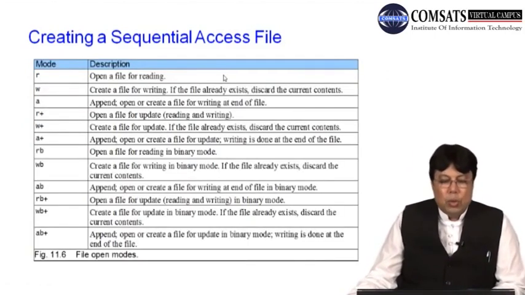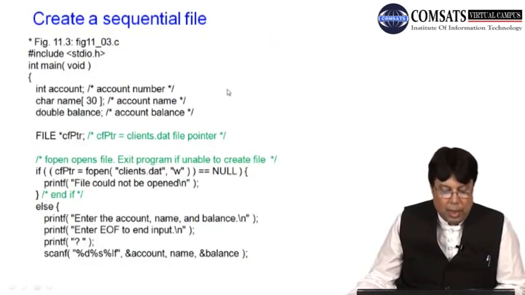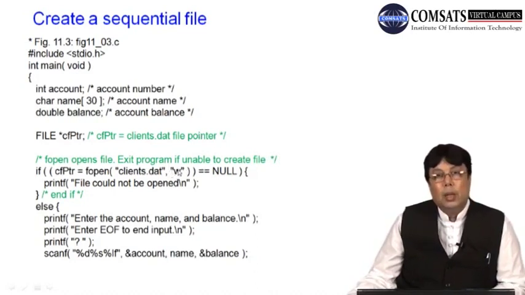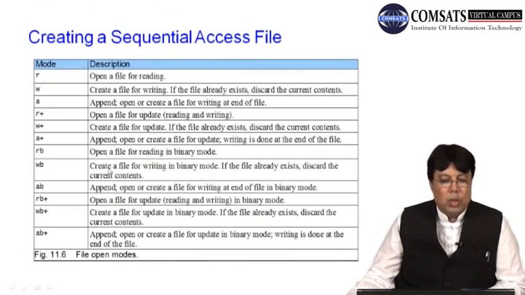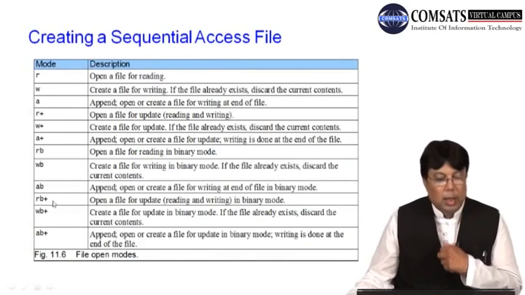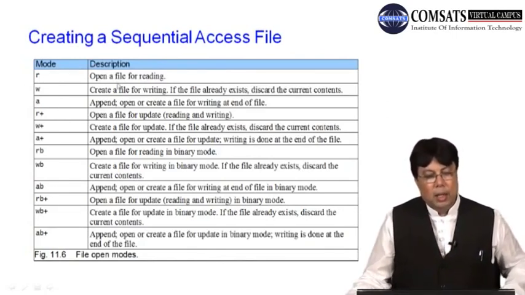Okay, we have used a mode at the time of opening of the file. This W is the mode. So is this the only mode? No. You can open a file in different modes, and those different modes are all listed here. We can use R, meaning open a file for reading.